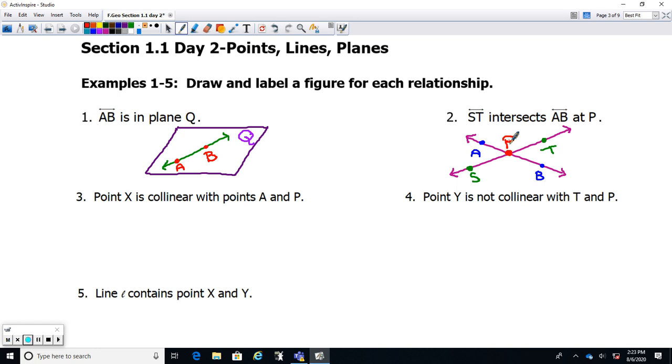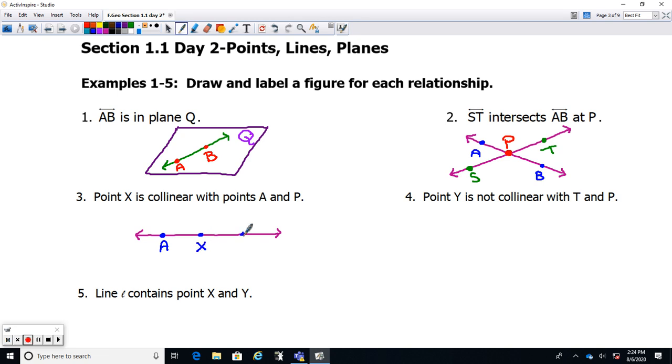Again, this is how we can test your vocab knowledge. You need to know what collinear is, which means it's all in the same line. So just to help me out, I am going to draw the line to make it show a little easier. And they say these 3 points A, P, and X have to lie on that same line.